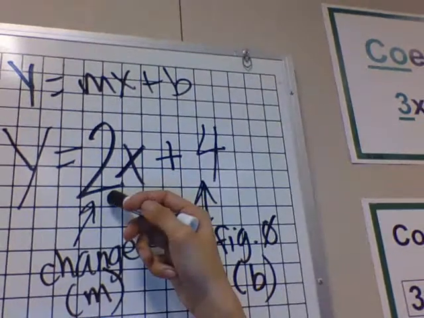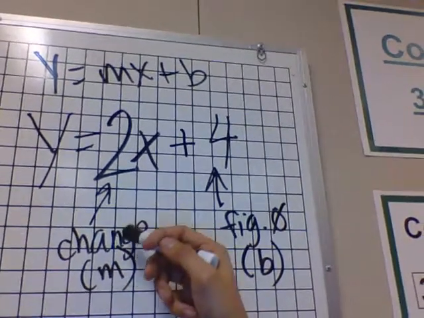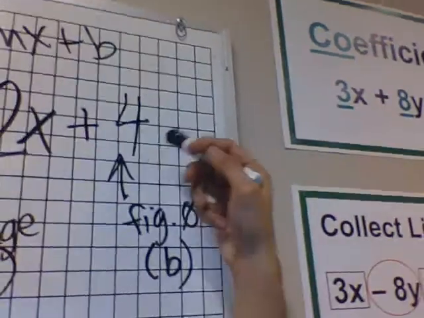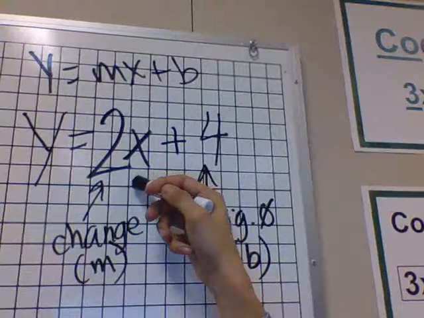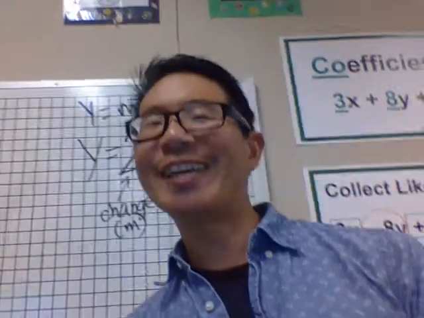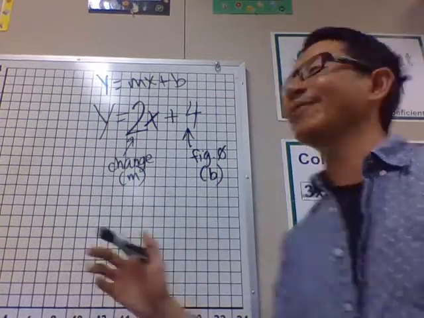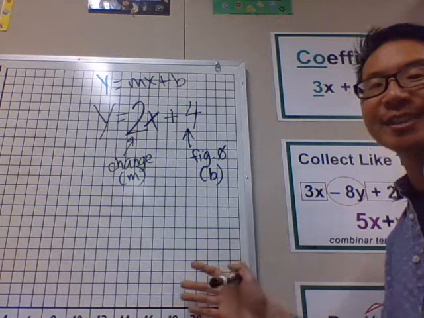And over here is how much it's changing for every figure. So in this case, this starts with 4 and goes up by 2. And that's great if you're drawing little figures, but we're not. We're going to actually do the 8th grade standard of graphing this on a Cartesian plane just like this.